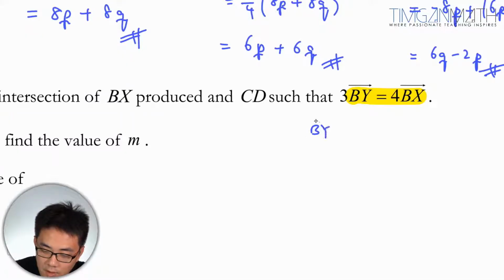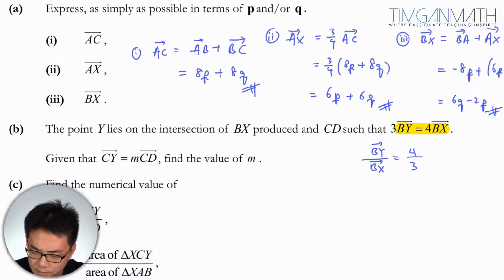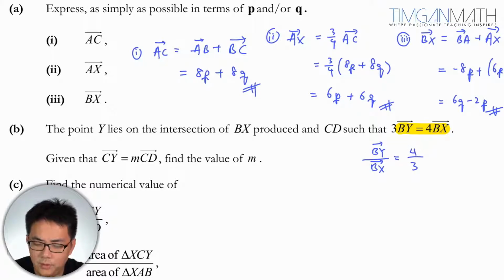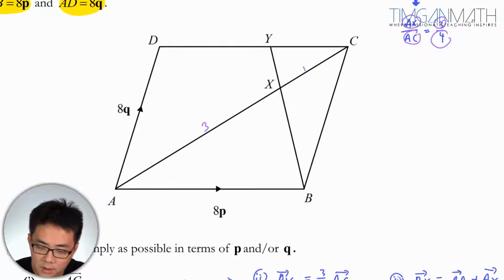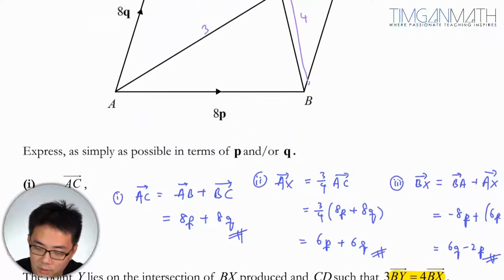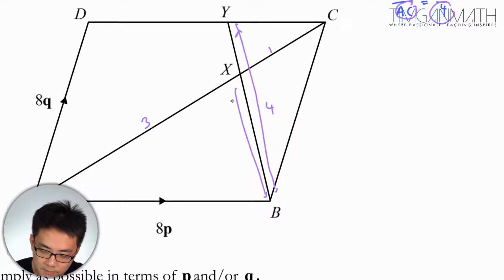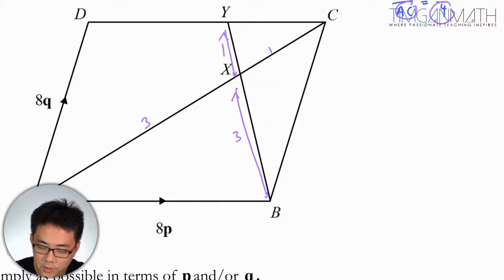So BY over BX is equal to 4 over 3. So BY corresponds to 4 units here, and BX corresponds to 3, so this is 3. Similarly, this is 3 to 1. So that's pretty okay.